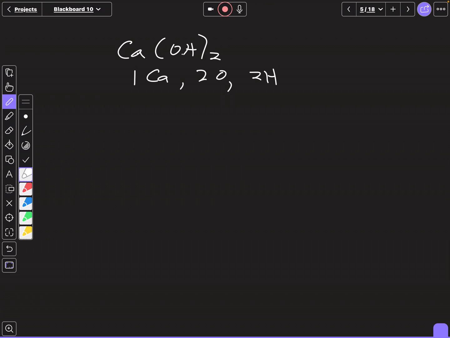Alright, so if I put a number in front of that, if now I have 4 Ca(OH)2, for calciums, there's only 1 of those, so 4 times 1, I'd have 4 calciums. Oxygens, normally I would have 2 oxygens, but 2 times 4 would give me 8 oxygens. And then I'd have 2 hydrogens, but 2 times 4 would give me 8 hydrogens.